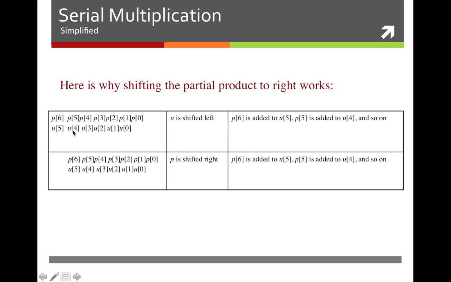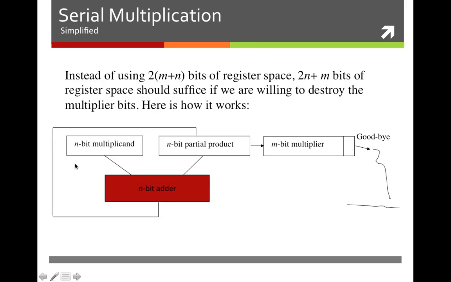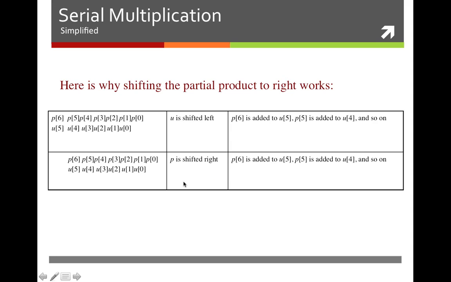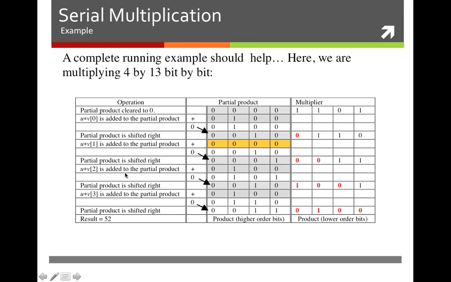You can see that the same bit pairs are added: P6, P5, P6, P5. This is obtained by shifting U to the left. U was originally here, and in the second case, P6 is shifted by 1 bit to the right, which is like what we're doing in shifting the partial product to the right. In both cases, the pairs are the same pairs, so effectively the same computation is obtained.